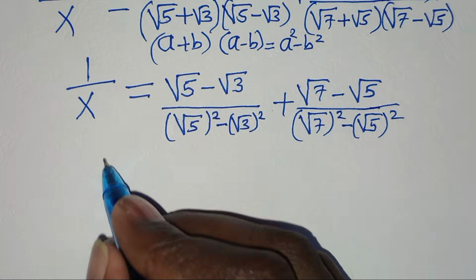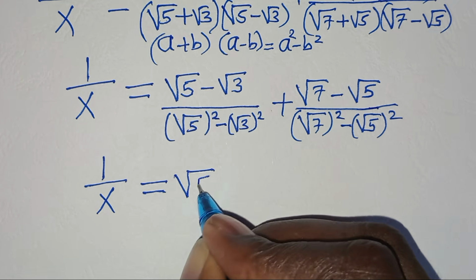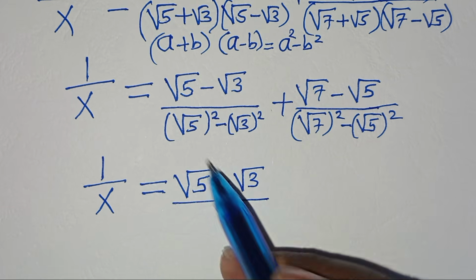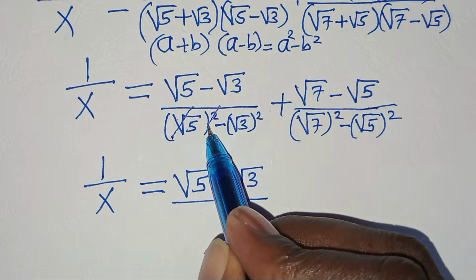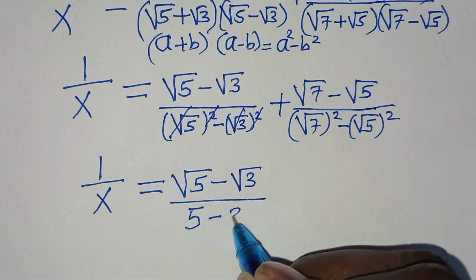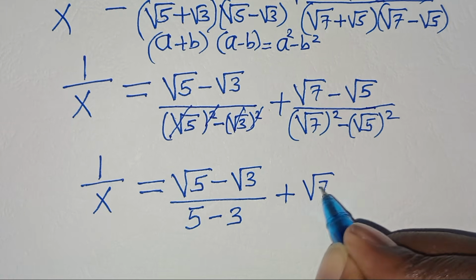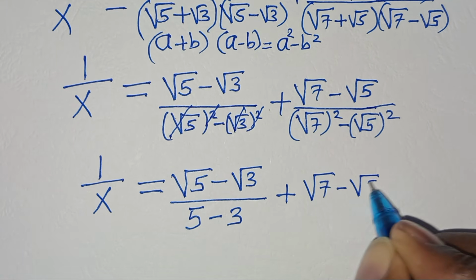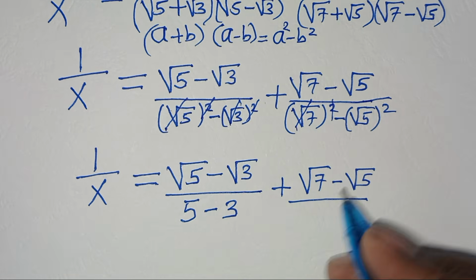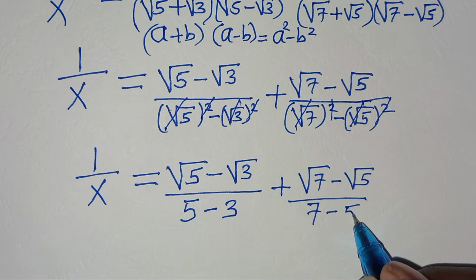So this implies that 1 over x is equal to the square root of 5 minus the square root of 3 divided by, now let's eliminate the square root sign, 5 minus 3, then plus the square root of 7 minus the square root of 5 divided by 7 minus 5.